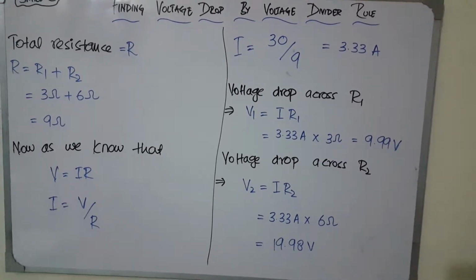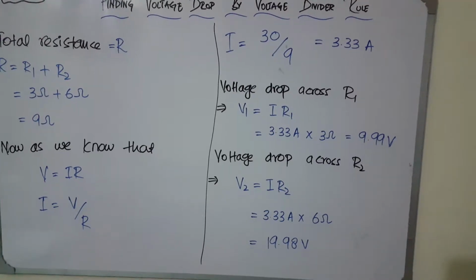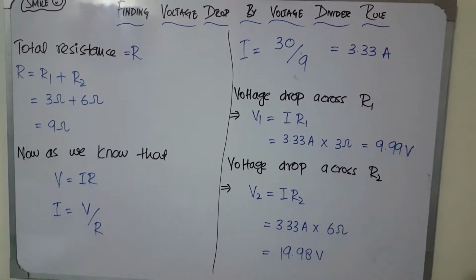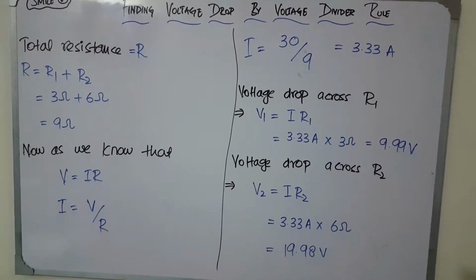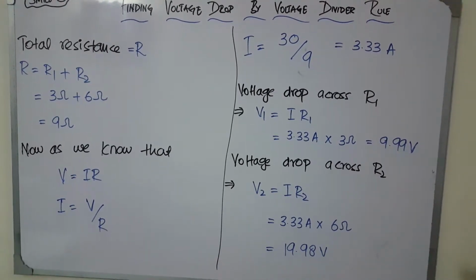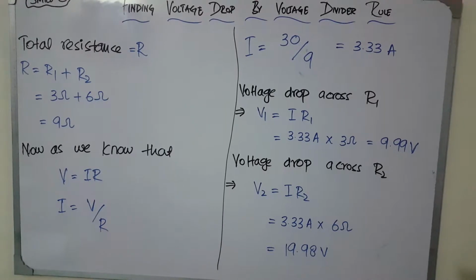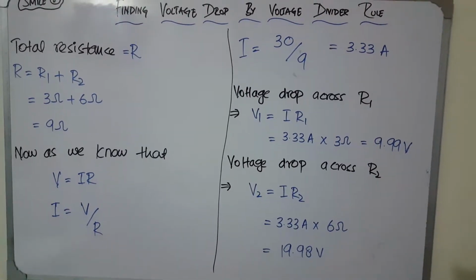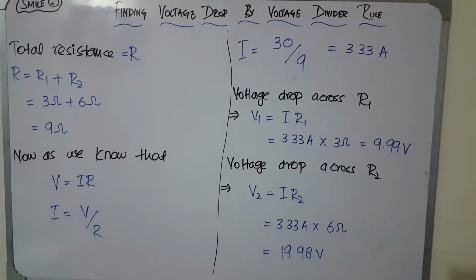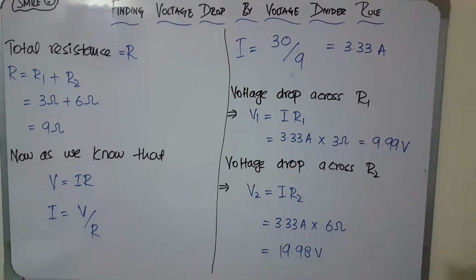For that, we have to calculate the total resistance R, which equals R1 plus R2, 3 ohms plus 6 ohms, which becomes 9 ohms. After that, we find the current by Ohm's law. V equals IR, or I equals V by R. Putting the values, the answer comes to 3.33 amperes, the current that will flow in the given circuit.